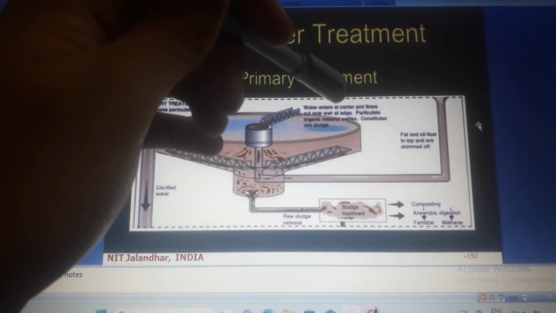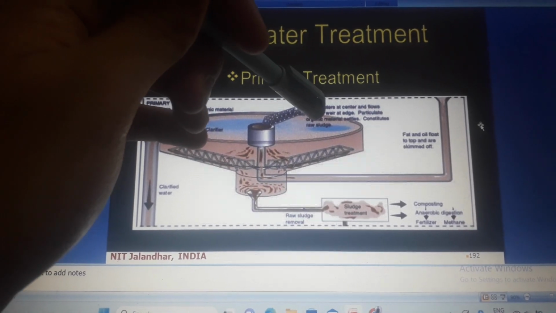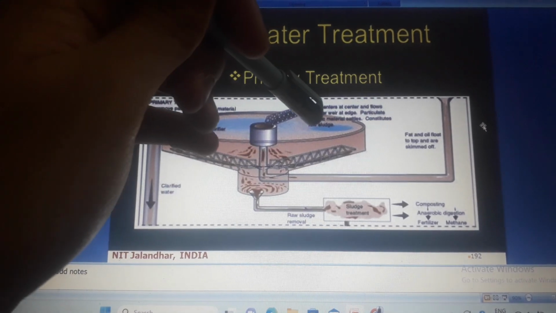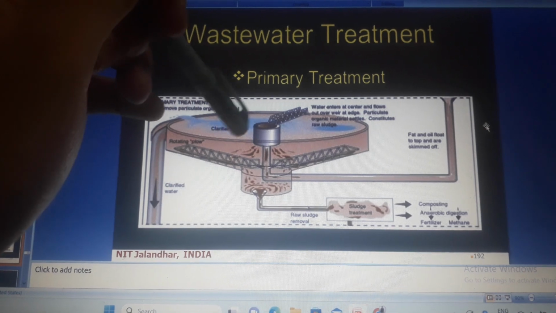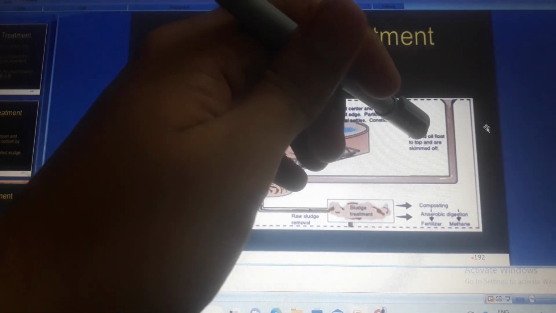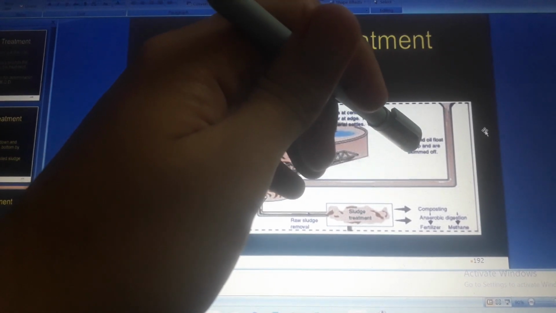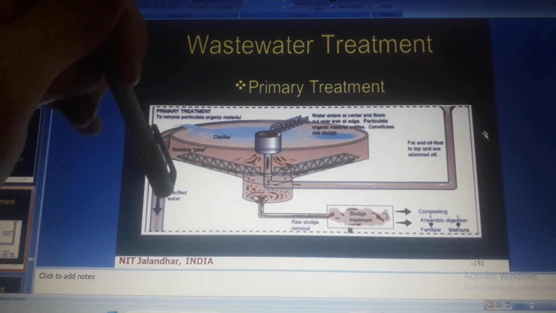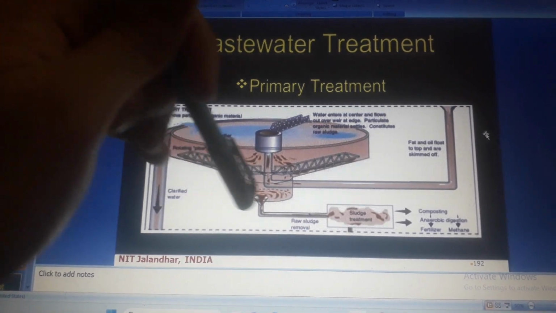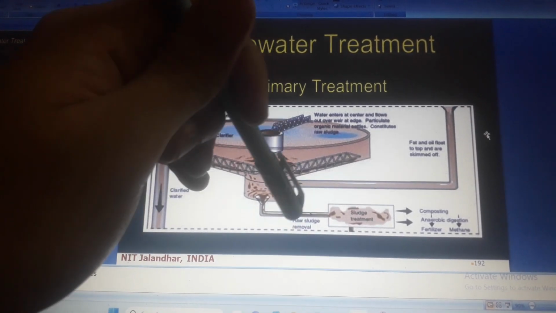Water enters at the center and flows out over a weir at the edge, while particulate organic material settles, constituting raw sludge. Fat and oil float to the top and are skimmed off. This is the rotating flow. This is clarified water, and this is raw sludge removal.